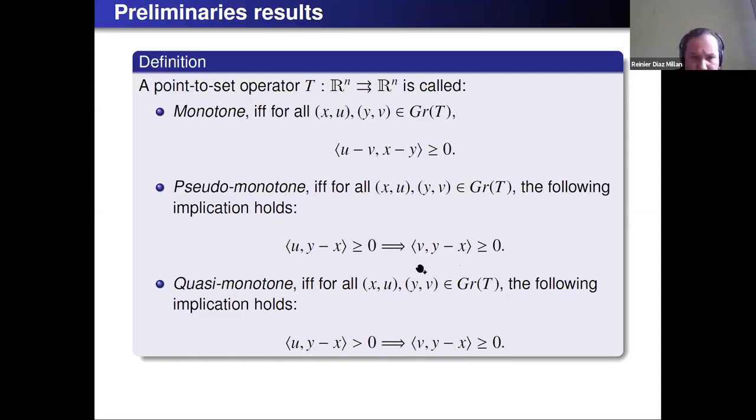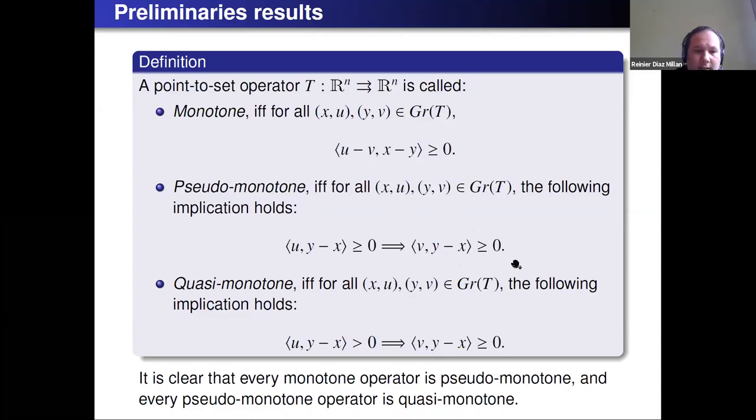These are classical definitions also, and all of them are for point-to-set operators, but they are still true when the operator is not point-to-set, just point-to-point, okay? Now, it is clear also that every monotone operator is a pseudo-monotone operator, and every pseudo-monotone operator is a quasi-monotone operator, okay?